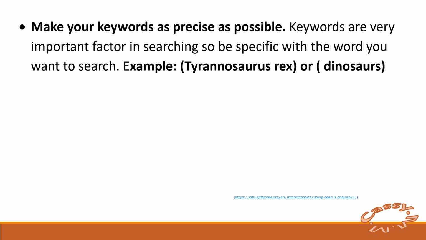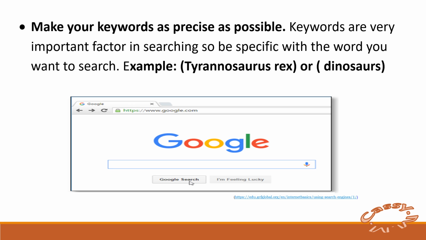Make your keywords as precise as possible. Keywords are a very important factor in searching, so be specific with the words you want to search. Example: Tyrannosaurus rex, or dinosaurs. Searching for your favorite dinosaur. Which keywords do you think is precise?